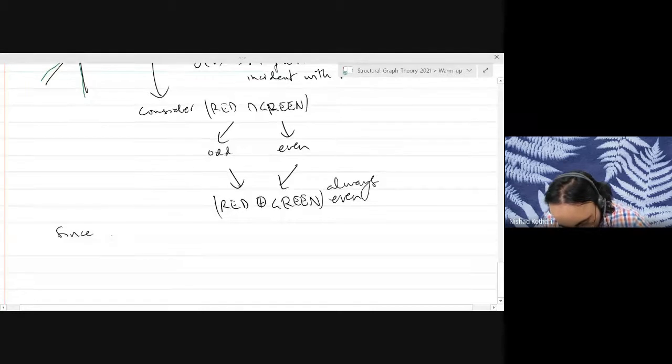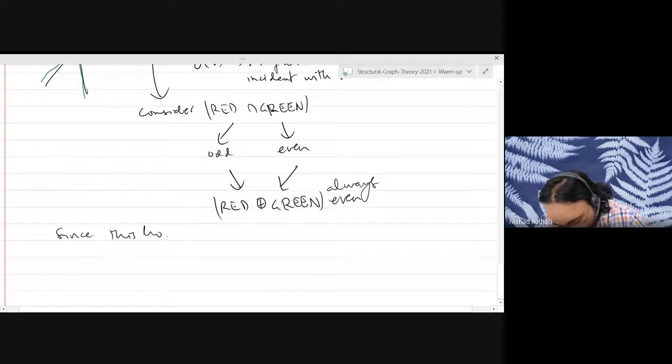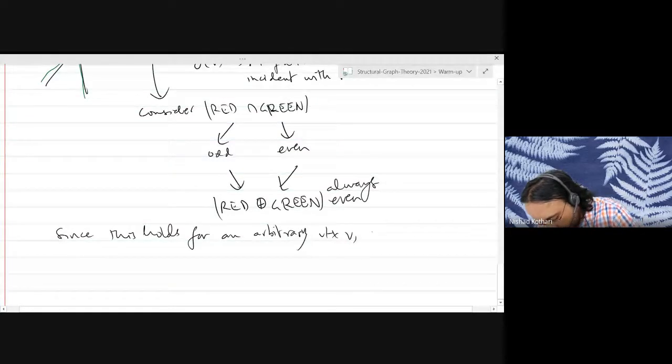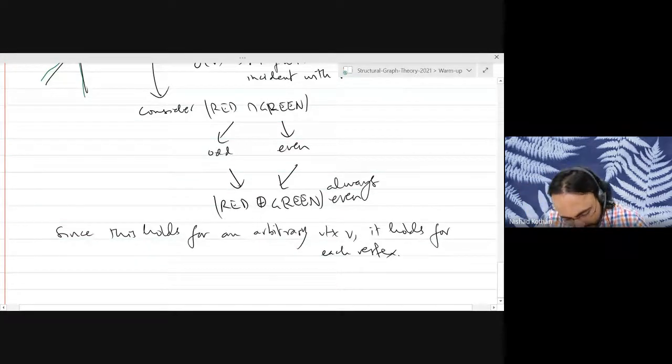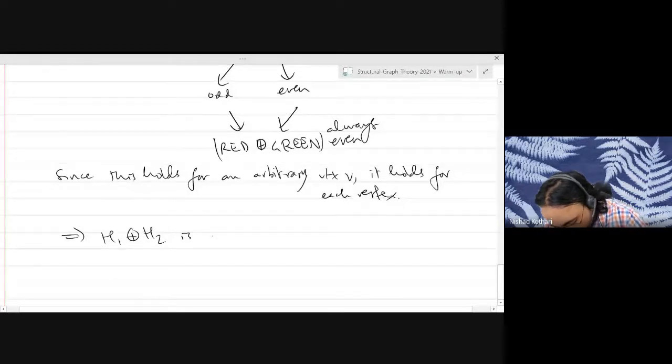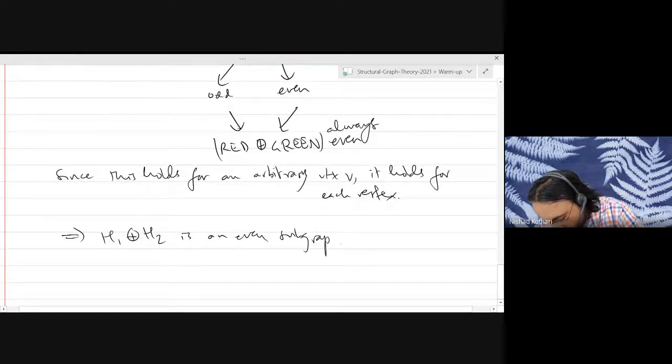Since this holds for an arbitrary vertex V, it holds for each vertex. This means that H1 symmetric difference H2 is an even subgraph of G. That completes the proof.